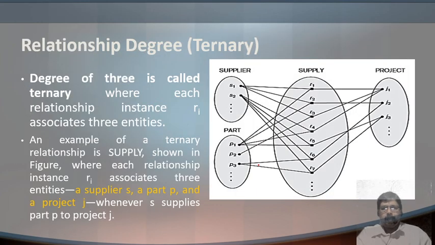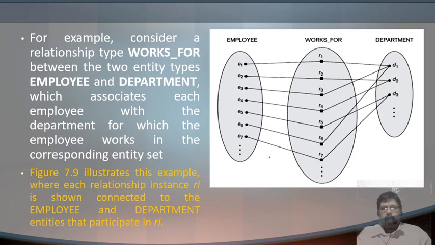Let me go back and show you. Here you can see I have one diagram. E1, E2, E3 are for employee, D1, D2, D3 are for department, the relationship is works for, and R1, R2, R3 are the relationship instances. You can see E1 is in association with D1. Similarly, another employee, E3, is also associated with D1.